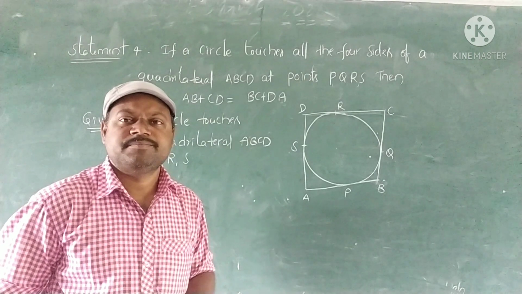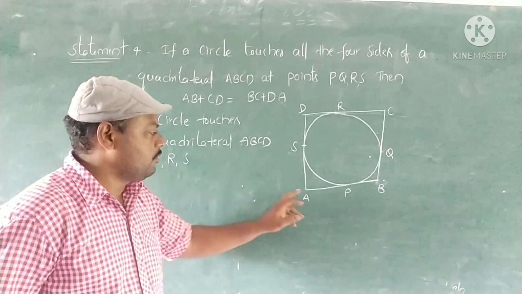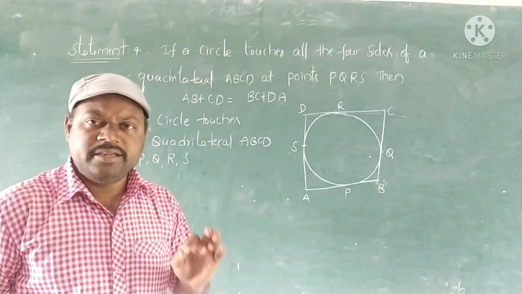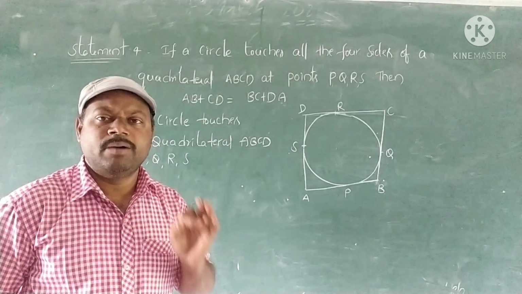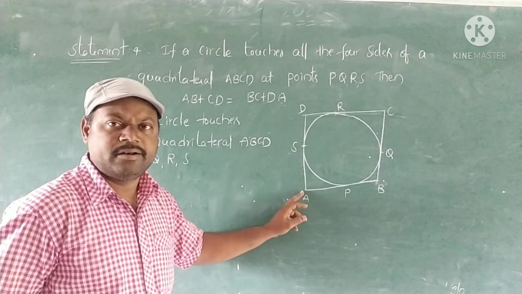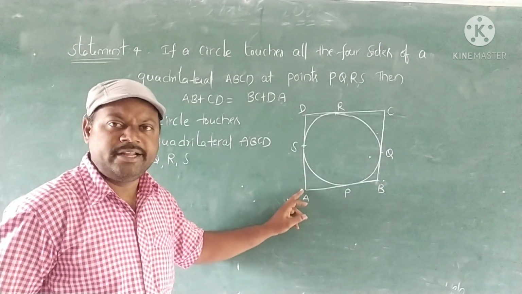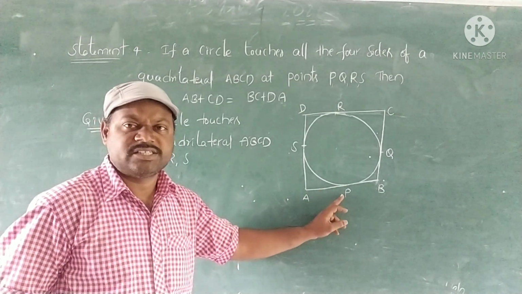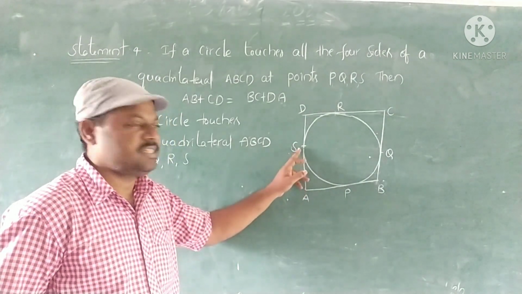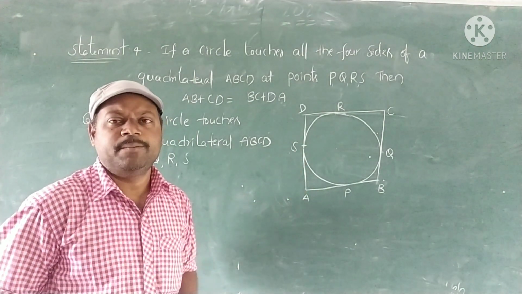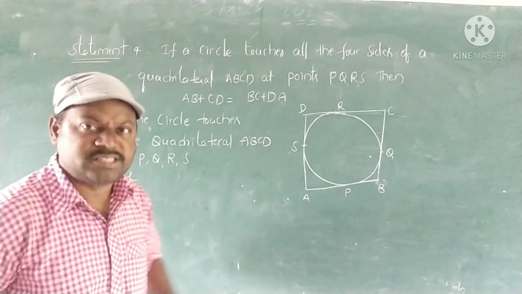What is the reason? The lengths of the tangents drawn from an external point of a circle are equal. So AB equals AS.